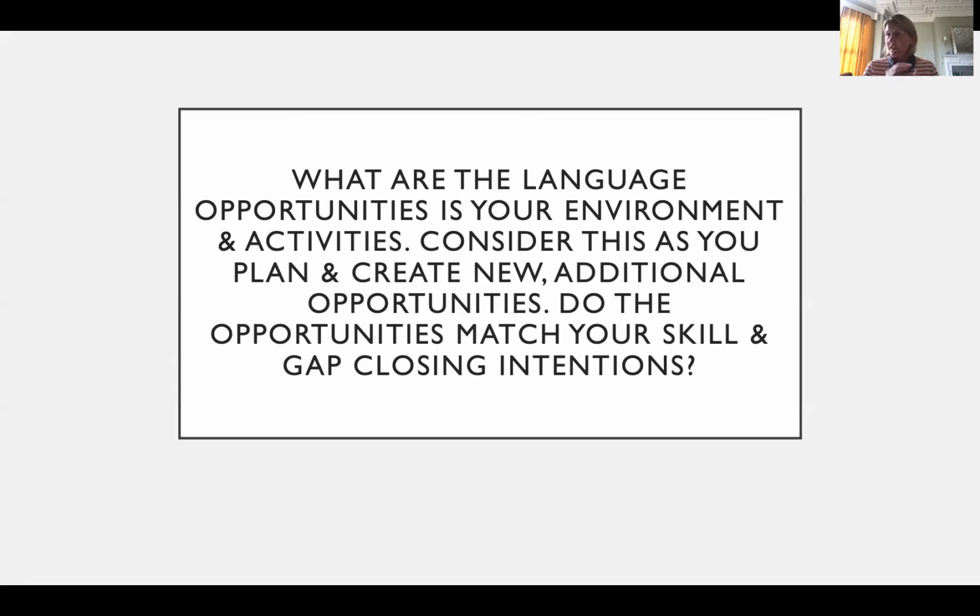Obviously, for Launchpad users, that's the whole idea of Launchpad: gap identification and gap closing. Or even when there are no gaps, just having that understanding of what are the things that your children need to learn, and what are the skills they need to acquire over the coming months and over the coming year. But obviously, these are things that we can consider without Launchpad as well.